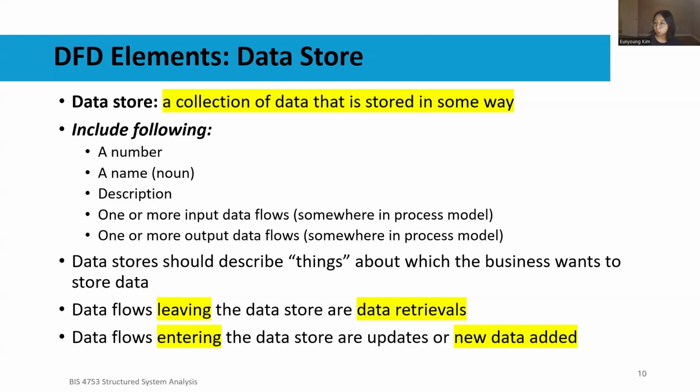Also, this data store should have input data flow and output data flow. If a data flow leaves the data store, then we can say this process retrieves the data from the data store. And also if a data flow enters the data store, then it is about recording and saving new data.